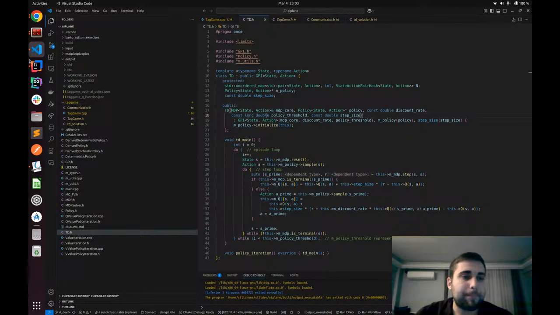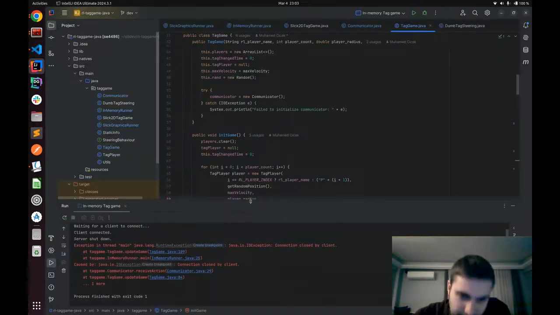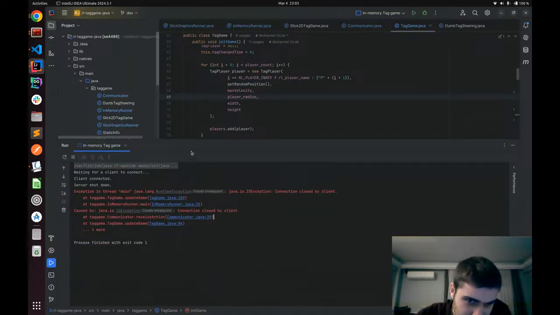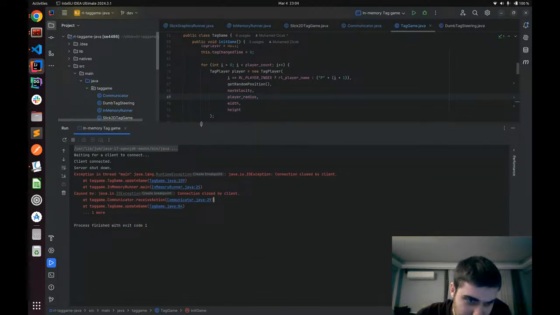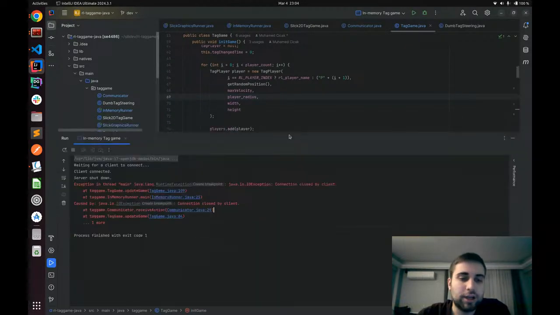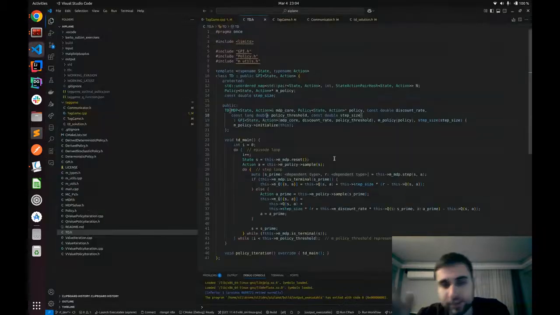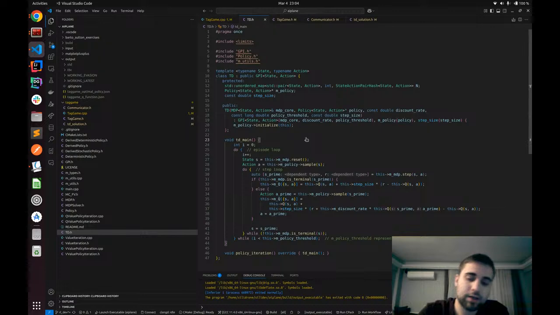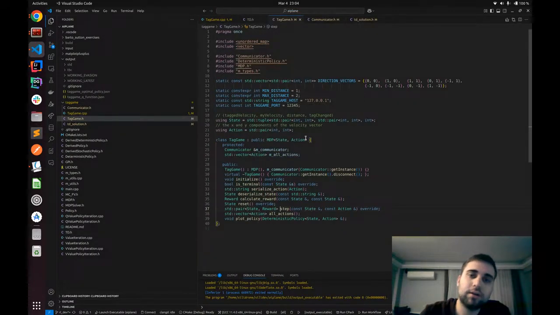Anyway, currently I'm supposed to learn how to evade a chaser in a tag game. Basically, each player is a circle. How to run away from him. And my state in the MDP framework, as defined here, is pretty simple.